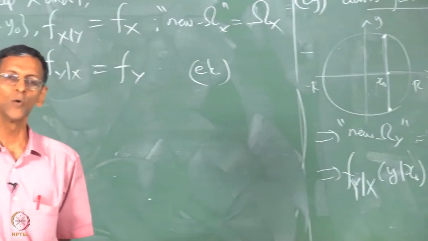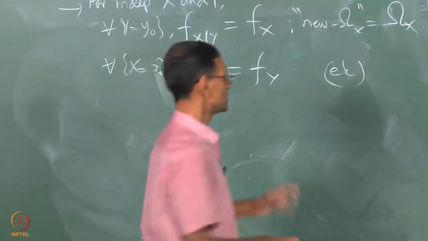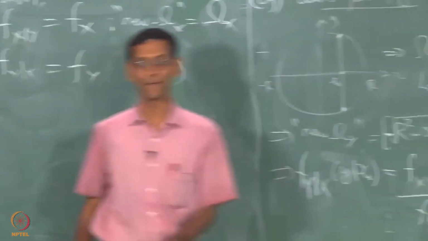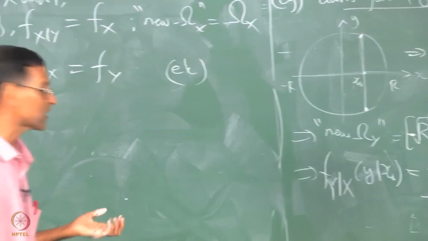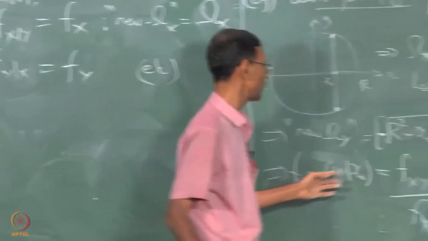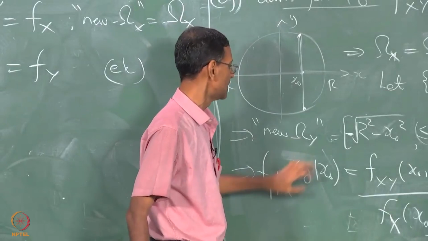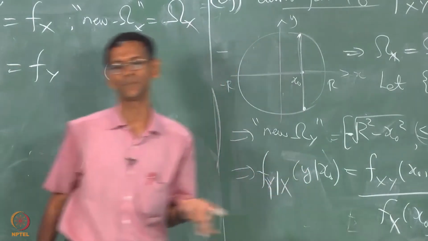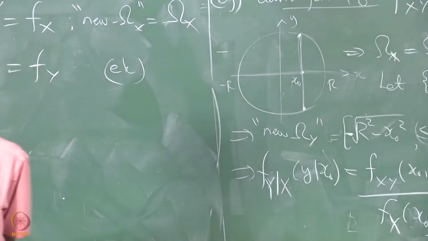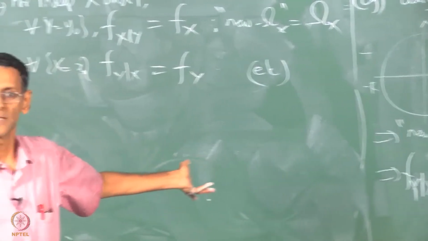The universe is now collapsed to just x equal to x naught, so you can find probabilities of various events given x equal to x naught. Since you only have two variables, typically you look at intervals of y, and you can straight away do that given this conditional PDF.